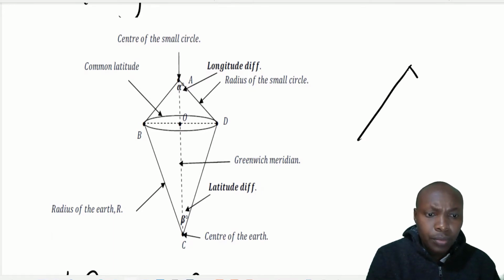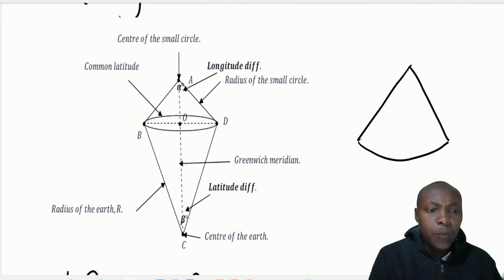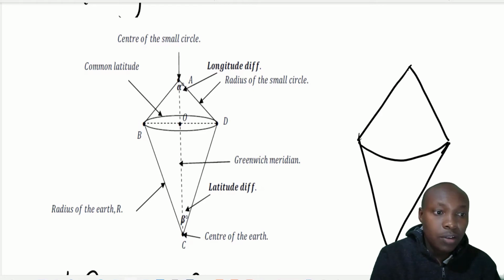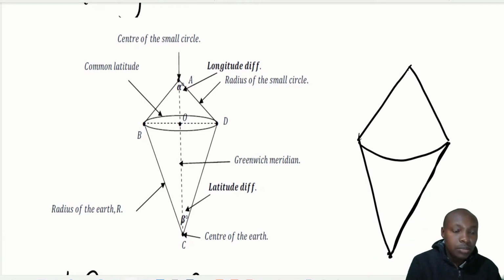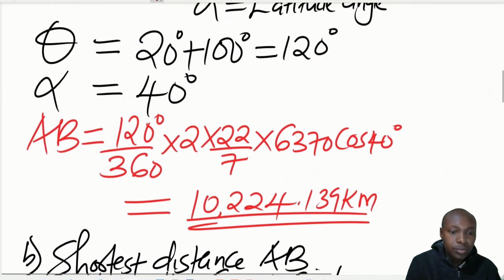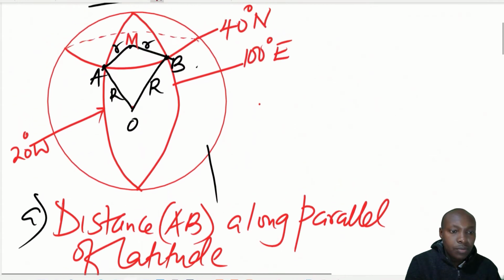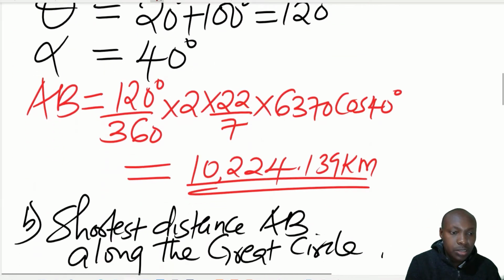When you look at what we have, let us sketch the diagram now from the question. That is the radius of the small circle, which is r cosine of theta. And then we have the distance AB.